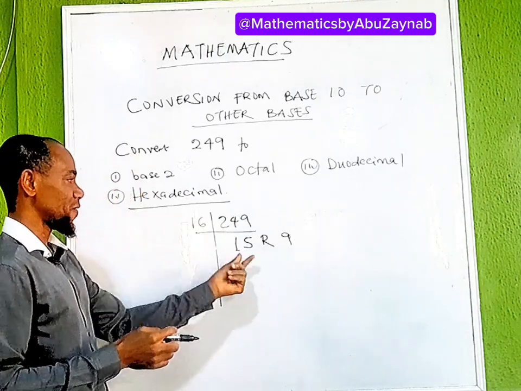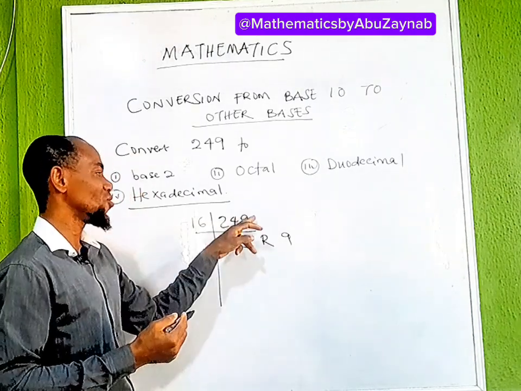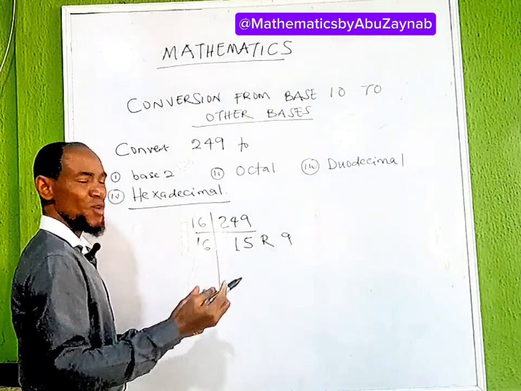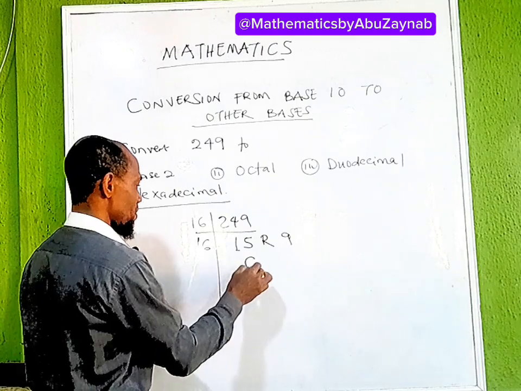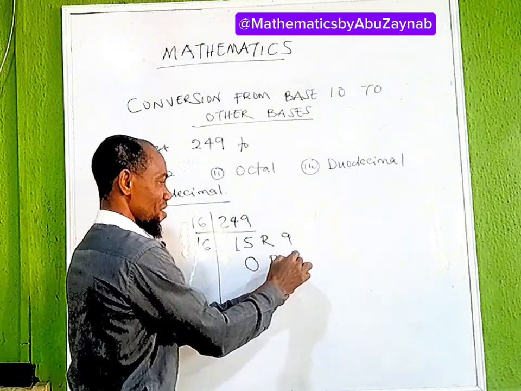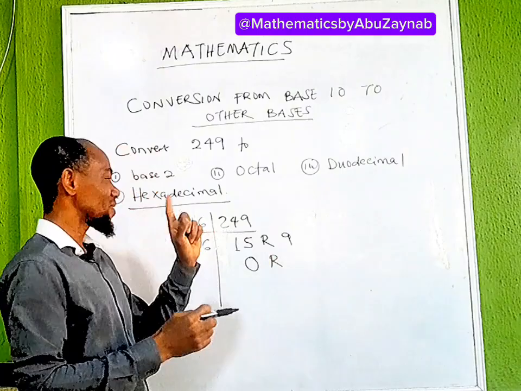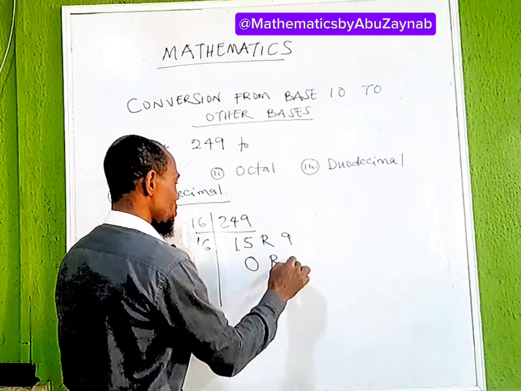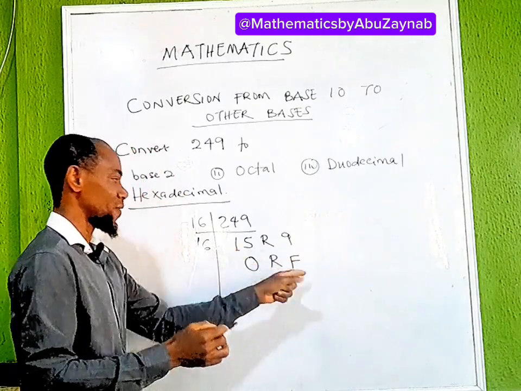That means 16 times 15 is 240, and then plus 9, 249. Then lastly, 16 in 15 is quite impossible. It's 0, remainder 15. We can't possibly write 15 here because in base 16, remember, 15 is F, letter F. So we have remainder F, which means it's 15.